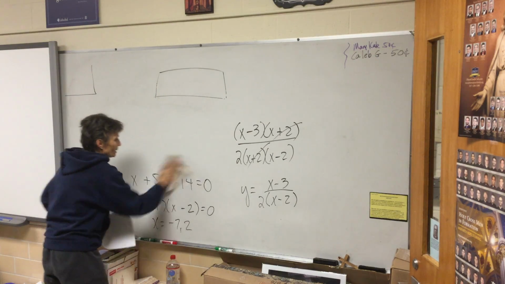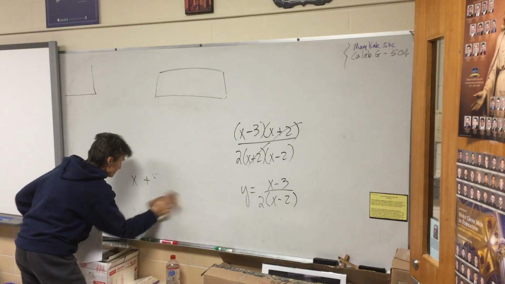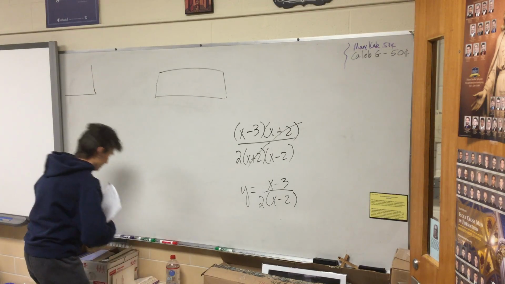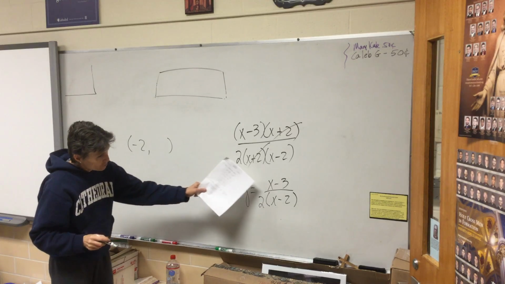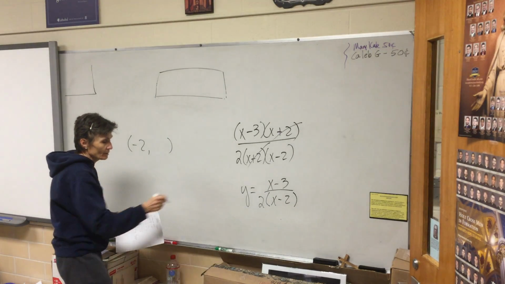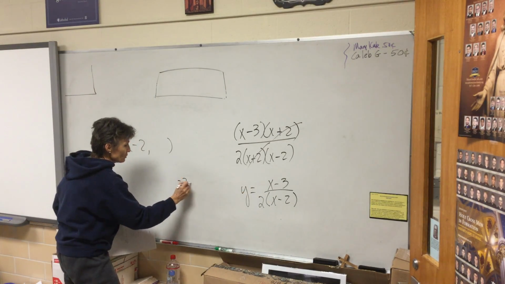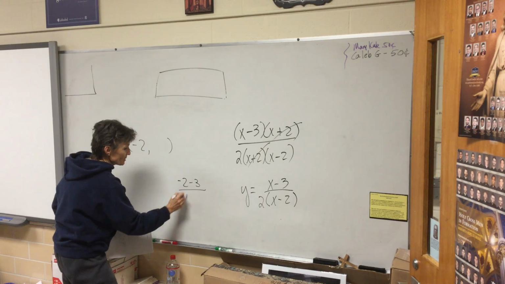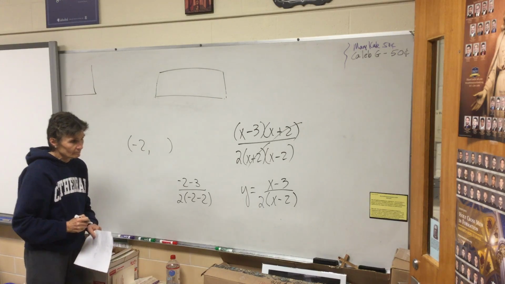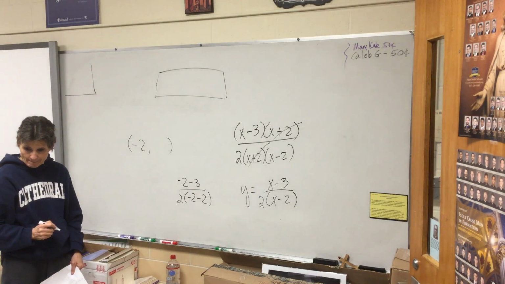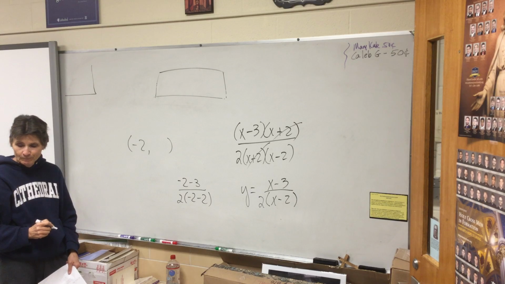So then we know our hole is going to be where x is negative 2. So we'll go back and put in negative 2's. So you have negative 2 minus 3 and 2 times negative 2 minus 2. Oh, shoot. Why do I keep doing that?